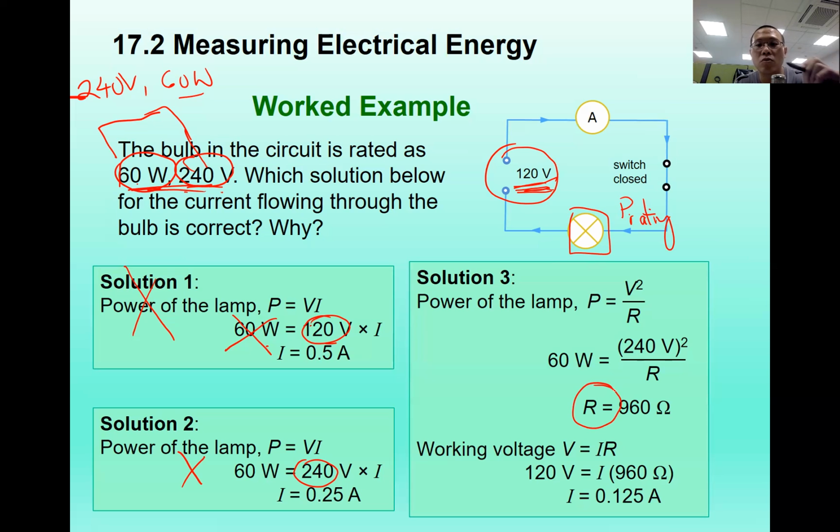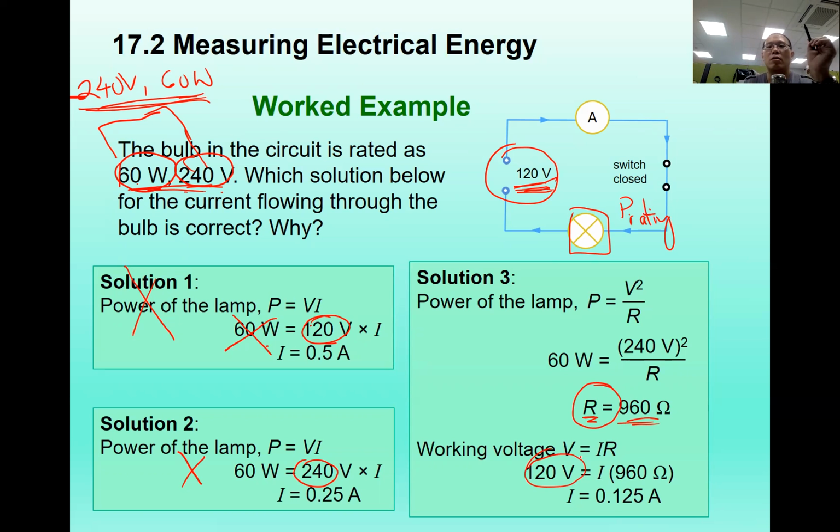So the first step is, based on the specs, to work out the resistance of the light bulb, because the same resistance will be used when the same light bulb is on the 120 volt setting.